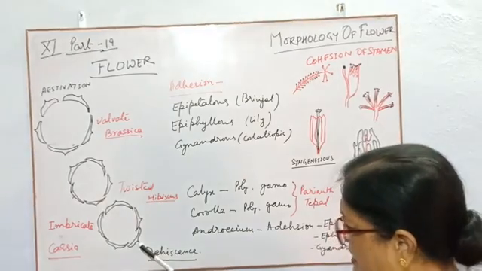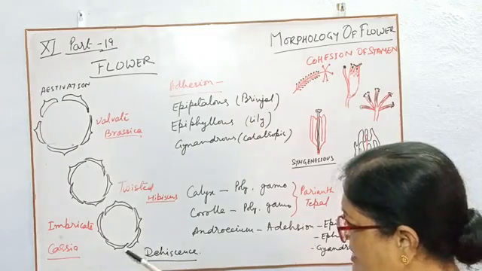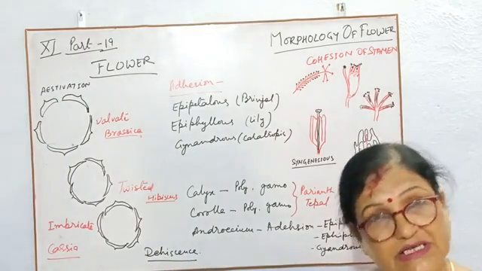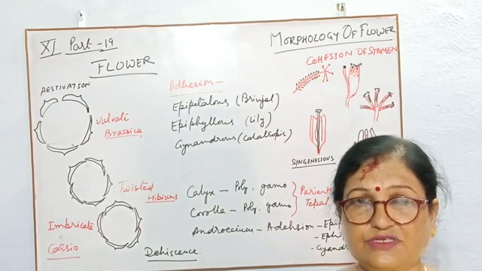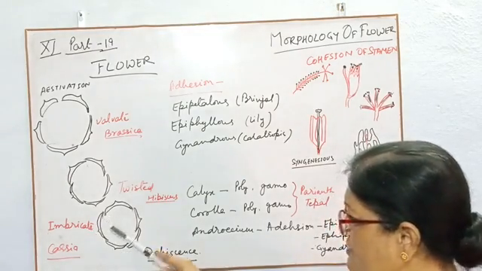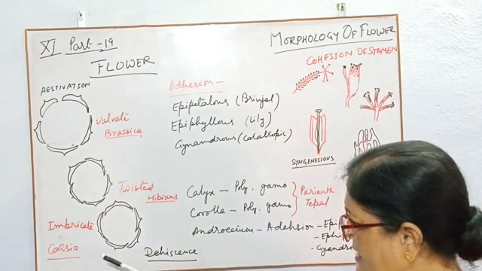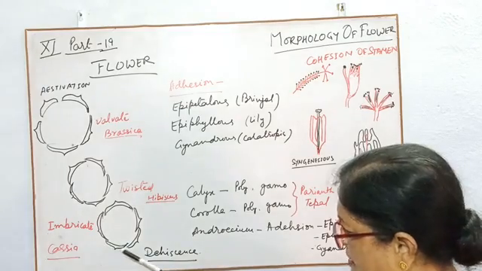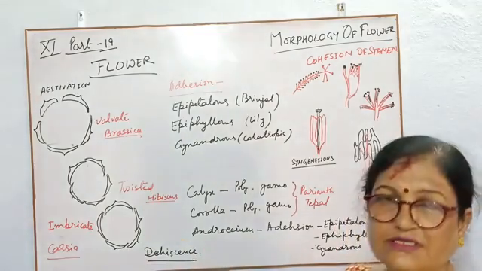And one floral part, or one petal or sepal, has its margins always covering the others. That means both margins are present outside. The rest three are in the twisted form. One margin is outside, one margin is inside. Here one margin is outside, one margin is inside. Here again one margin inside, one margin outside.